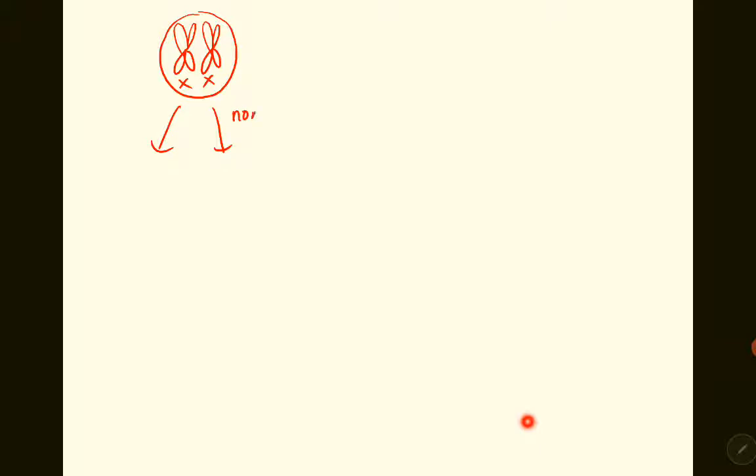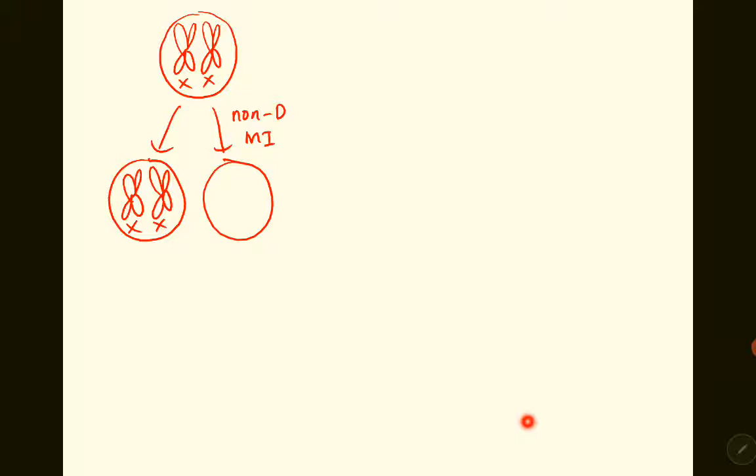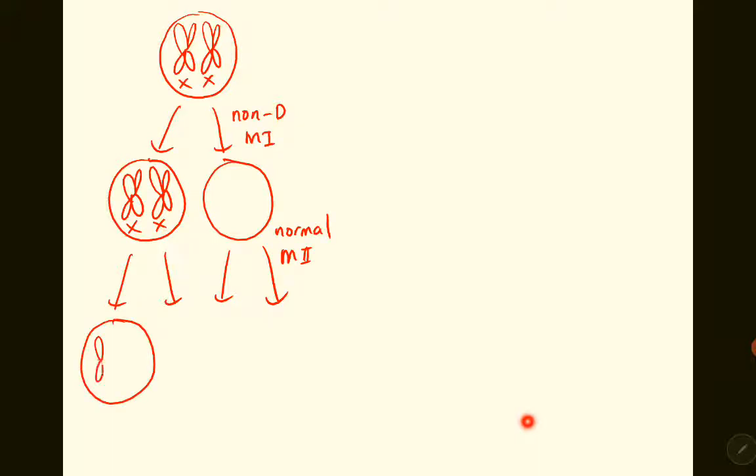So let's say non-disjunction during meiosis 1. So the homologous chromosomes fail to separate. So we have XX and empty. Meiosis 2 is normal, so the sister chromatids separate. So now we have XX.